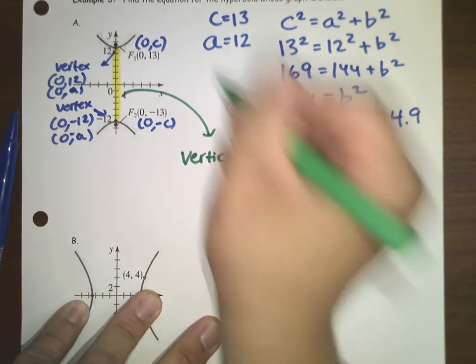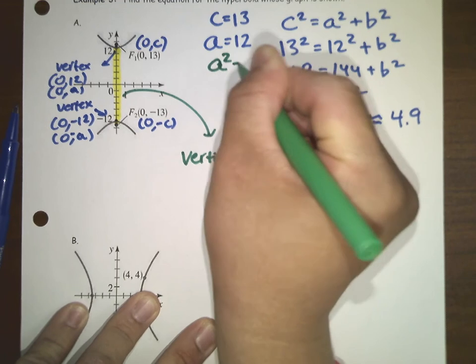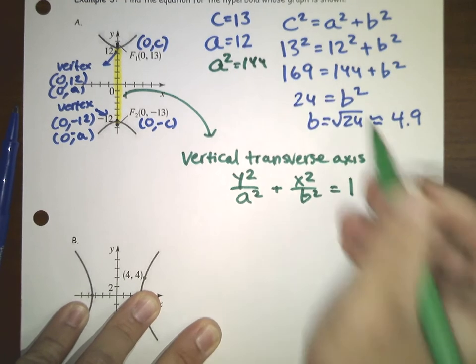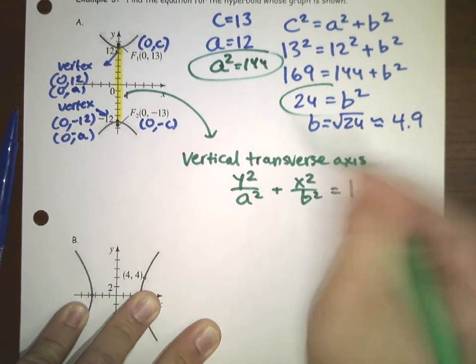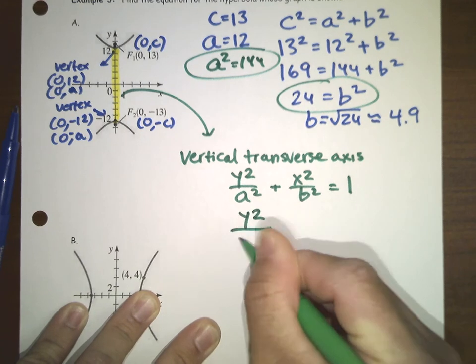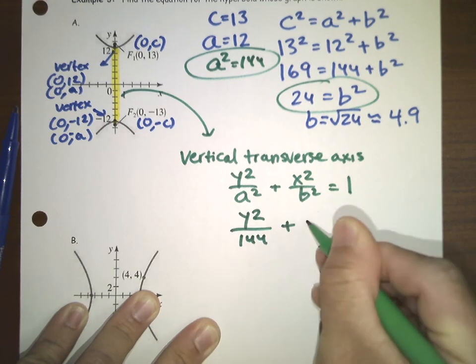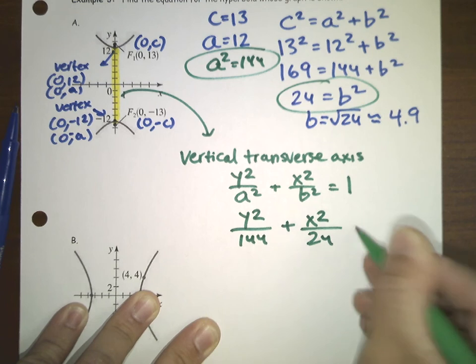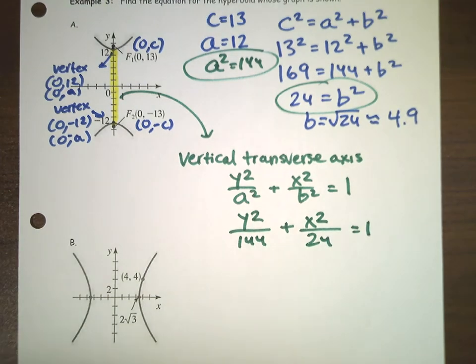And a squared, well, if a is 12, a squared is 144. And we already know b squared is equal to 24. So we have y squared over 144 minus x squared over 24 is equal to 1. And that is the equation of this hyperbola right here.